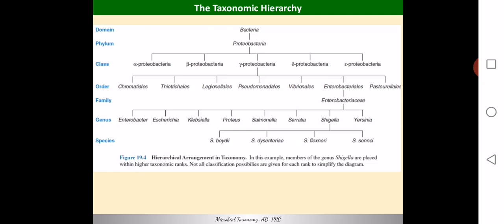This is how we classify organisms. So when we go for an identification process, we have to include the unknown organism in all these levels.